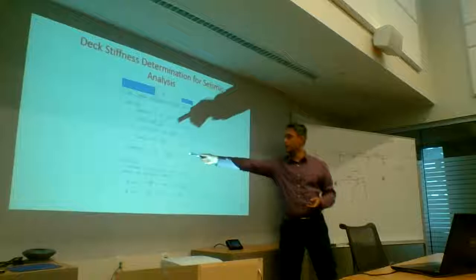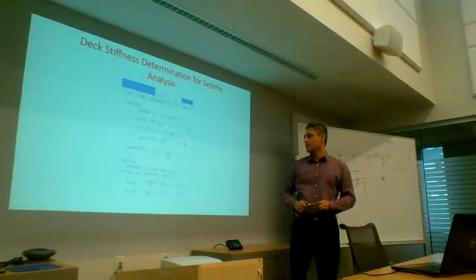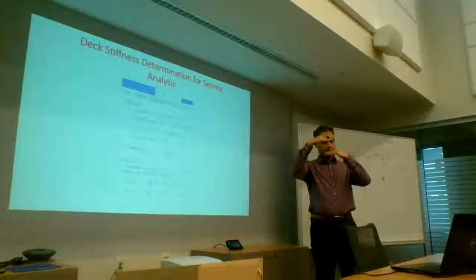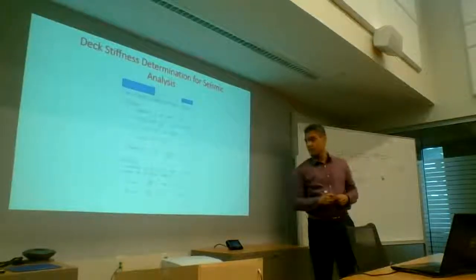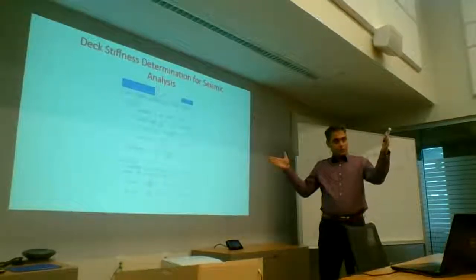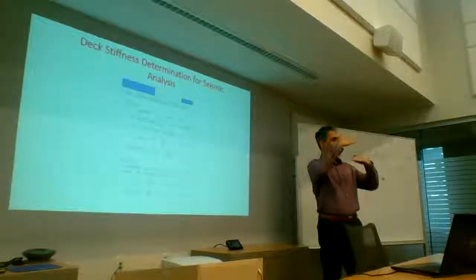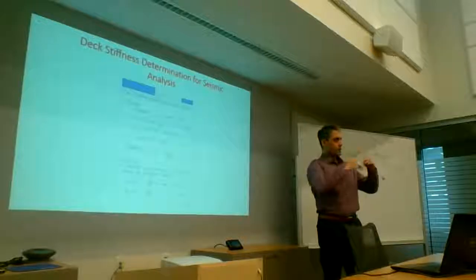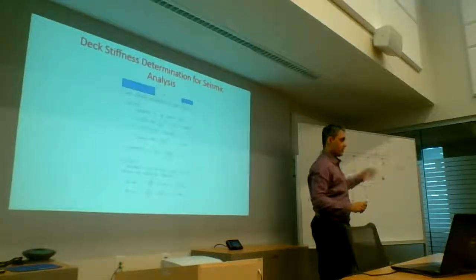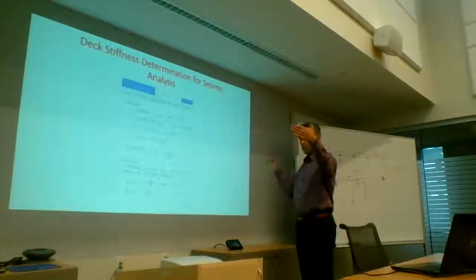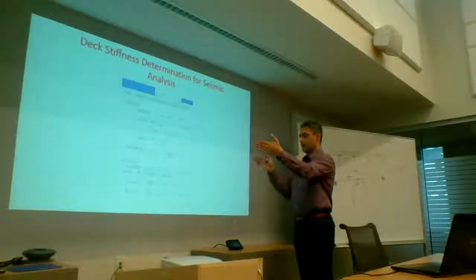So we calculate our modular ratio, which is N. Now, when you're looking at the vertical stiffness, you only want to change the width for the equivalent section, because if you change the depth, then you're artificially changing the CG of your system. So when you're looking at your vertical stiffnesses, you're reducing the width of the deck.